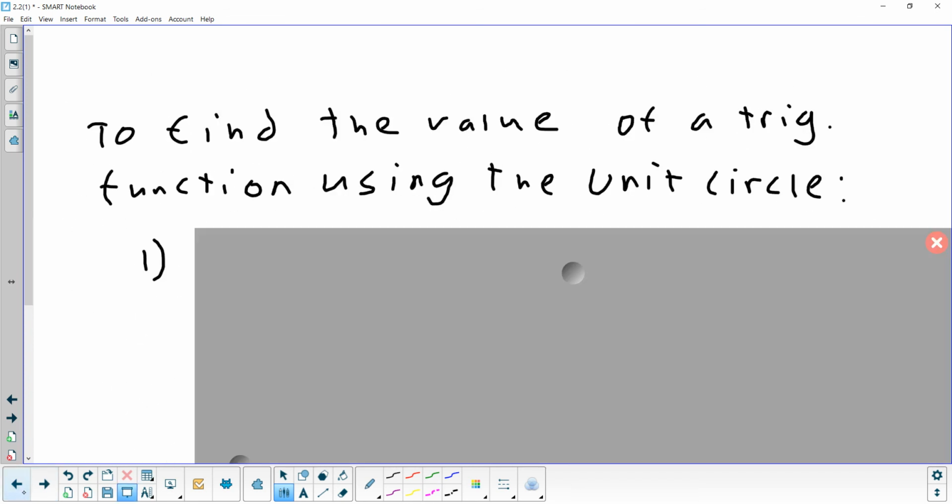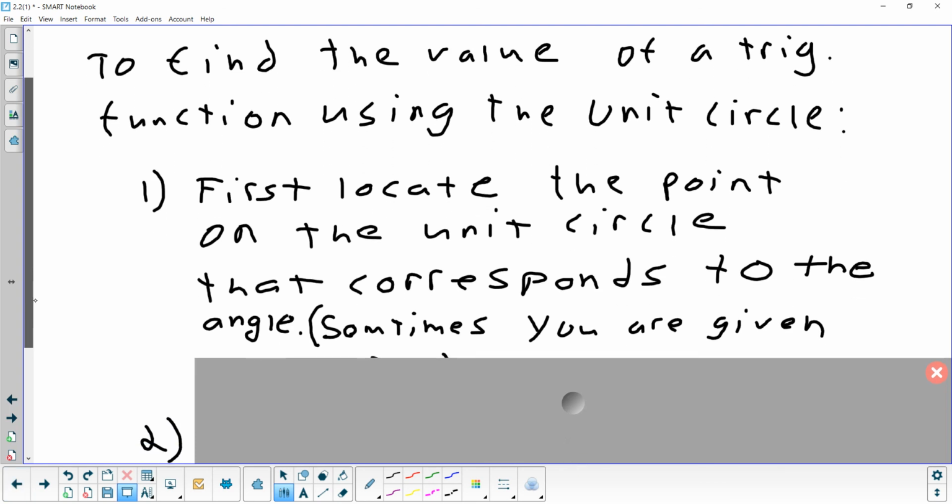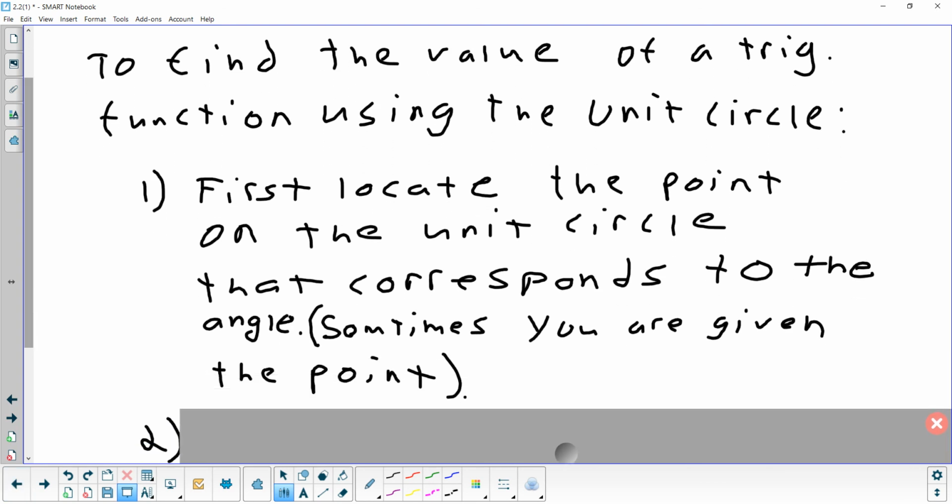This time, you're missing the coordinate. Whenever you don't have a coordinate, what do you think the first thing you're going to have to do is to do unit circle trig? Yep, find the coordinate. So step 1 is always to find the point on the circle that represents the angle. It says in parentheses, sometimes you'll be given the coordinate.